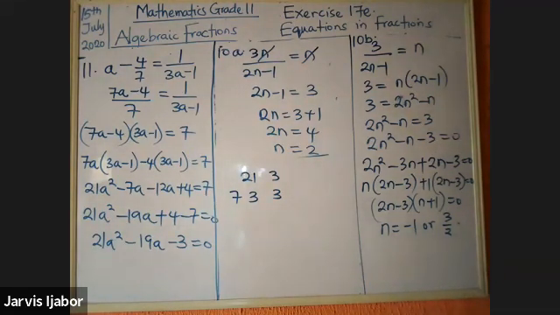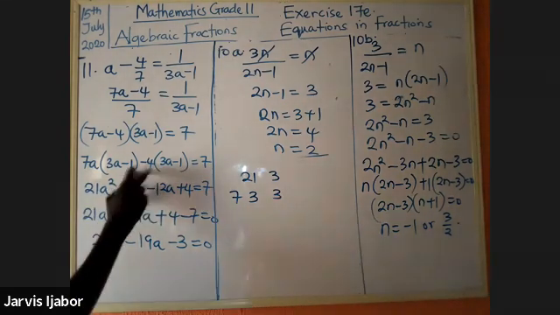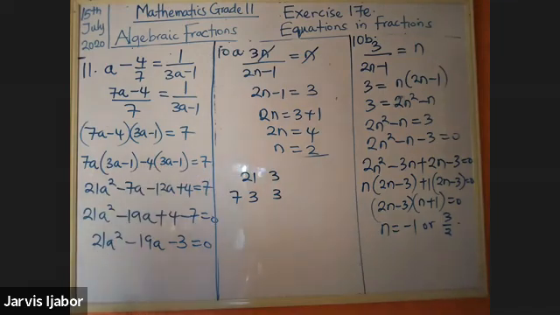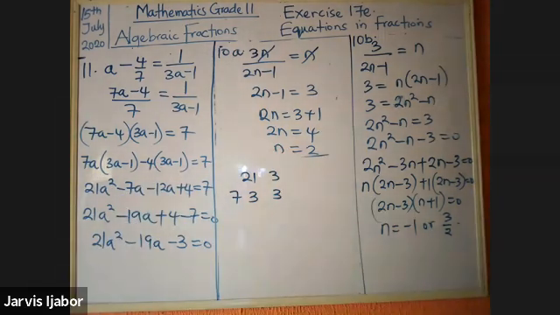Is there a mistake I have made somewhere? Is there a mistake I have made in question 11? 7A minus equal to 7. 7A. 4 times this is 12. That's 20. That's 19.